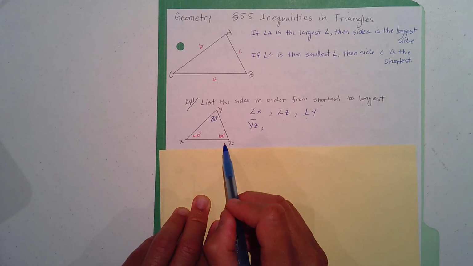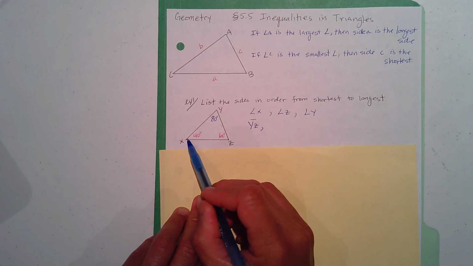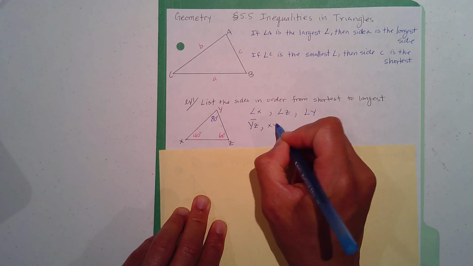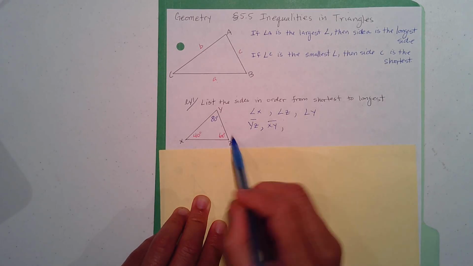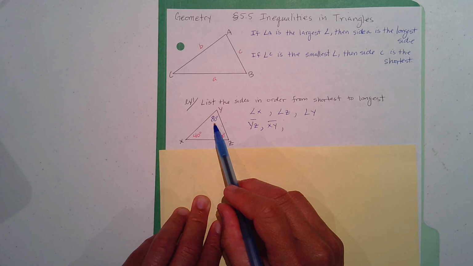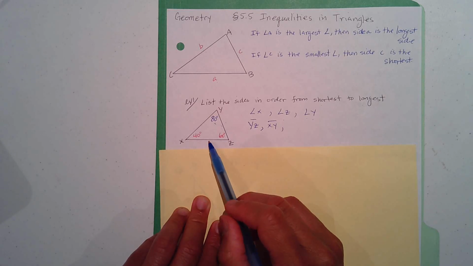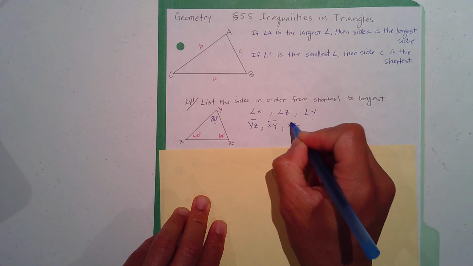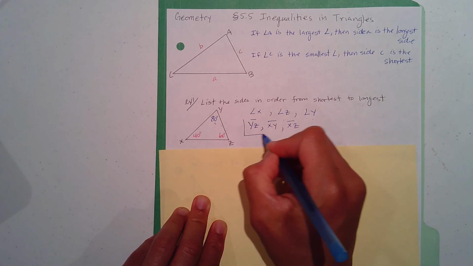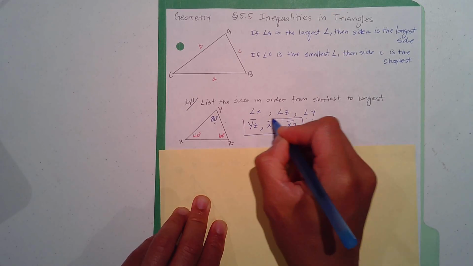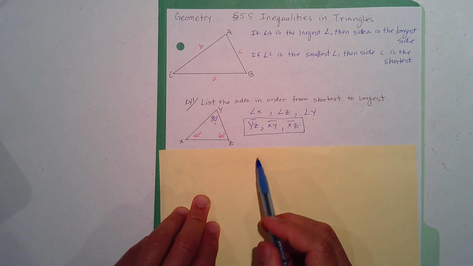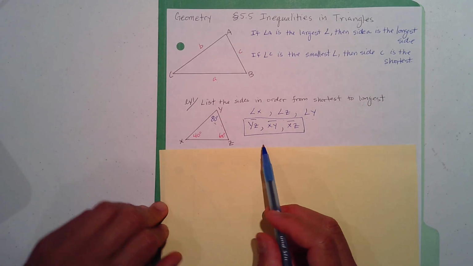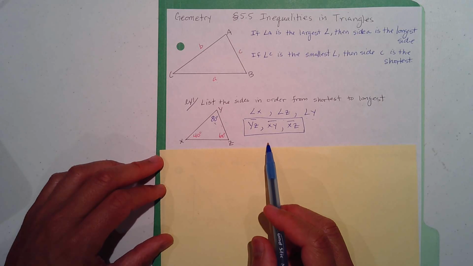Next angle is Z, opposite angle Z is XY, and angle Y is the largest angle, opposite angle Y is side XZ. So there are our sides in order from shortest to longest.